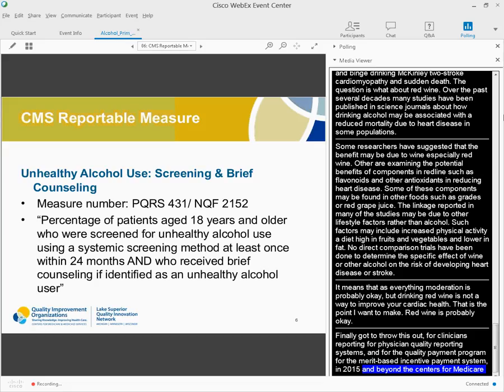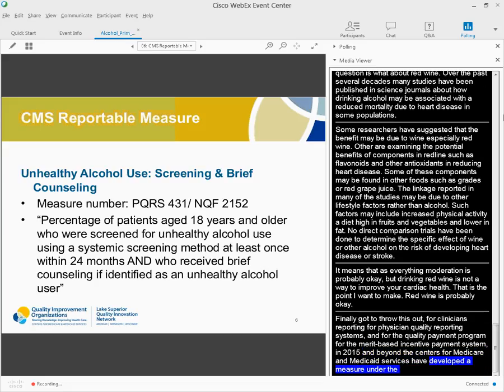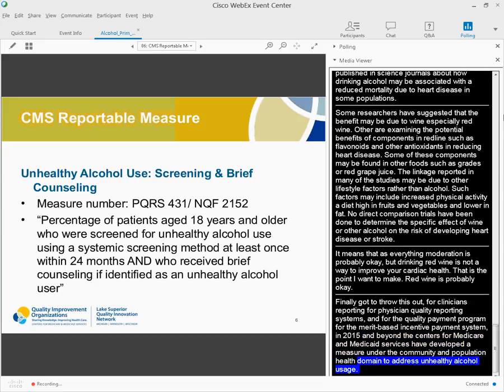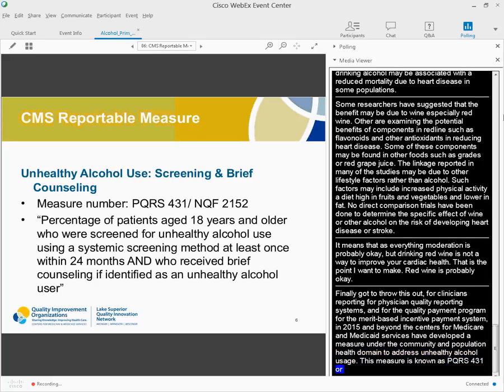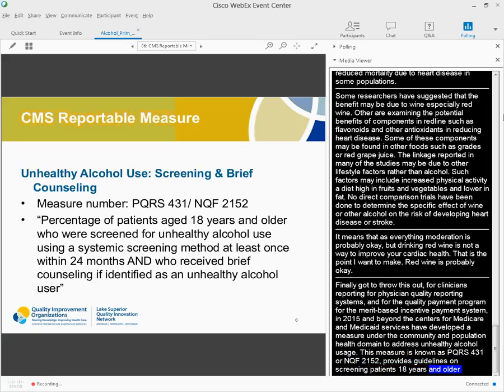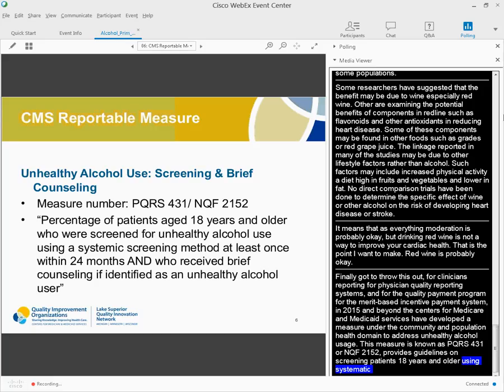This measure is known as PQRS 431, or National Quality Forum NQF 2152, and provides guidelines on treating patients 18 years and older using systematic screening methods once during a 24-hour period, and who receive brief counseling if identified as an unhealthy alcohol user.